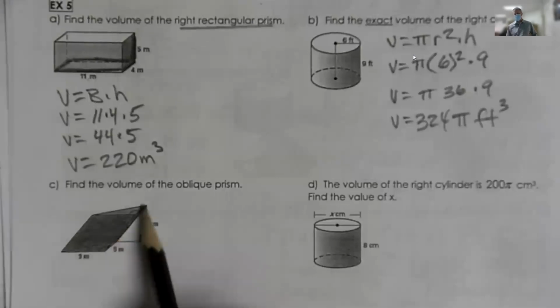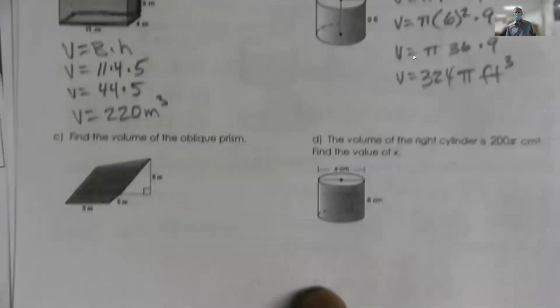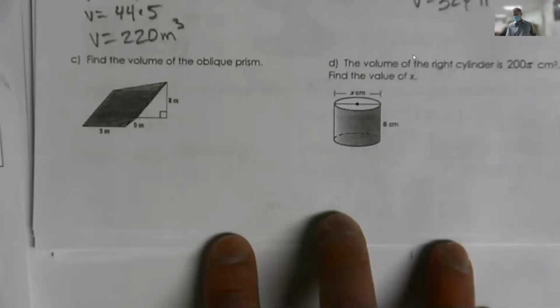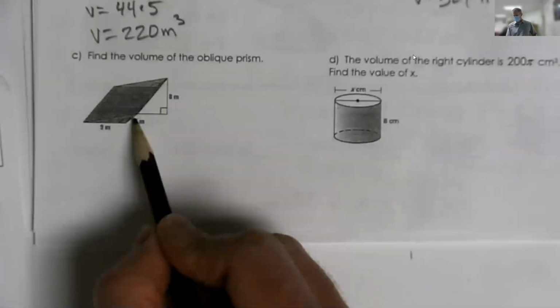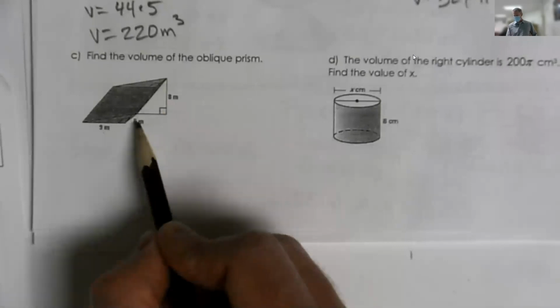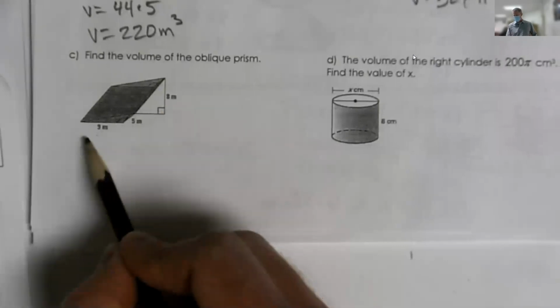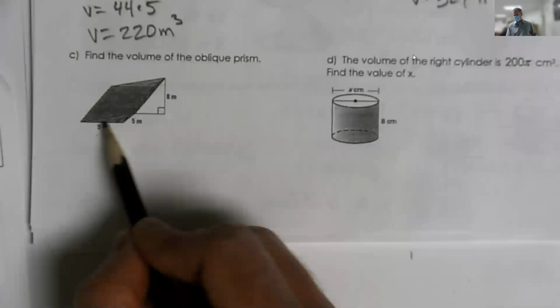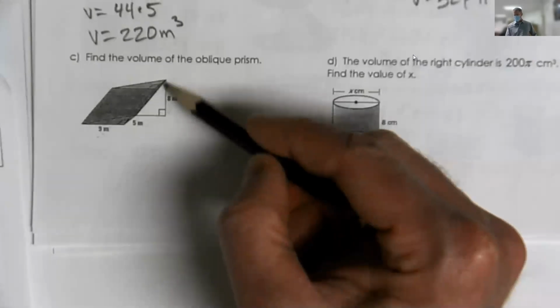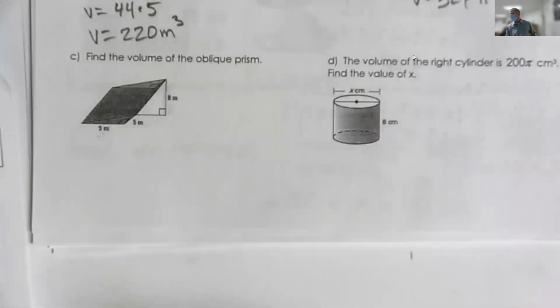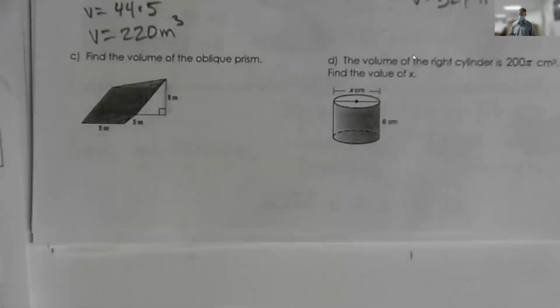So sometimes a triangle can be tough to work with. But in this case, the 5 and the 9 are perpendicular to each other. So we can find the area of that triangle. Then we can times it by the perpendicular height. Not the slant height, but the perpendicular height.